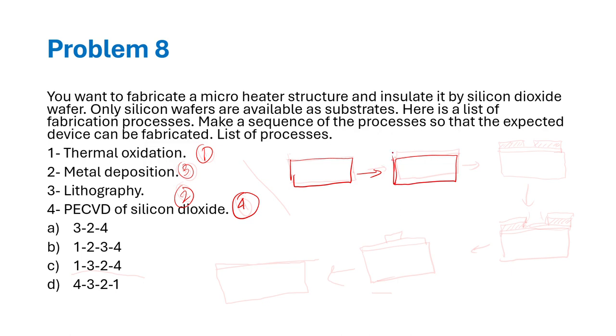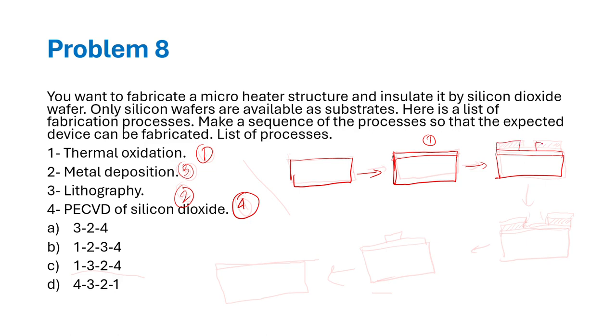Then we'll go for photolithography. One question: this lithography is for which process? That is for patterning the metal deposition. Yes, that is correct, the microheater deposition.